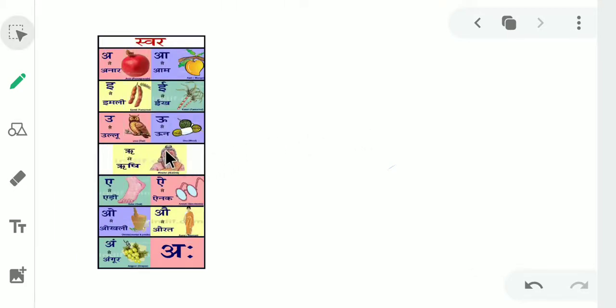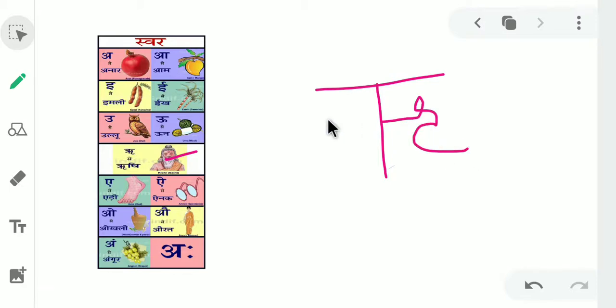Now I'm going to write re. So you can write re like this. Make like this and this. Then you can write like this and give two ray like this.